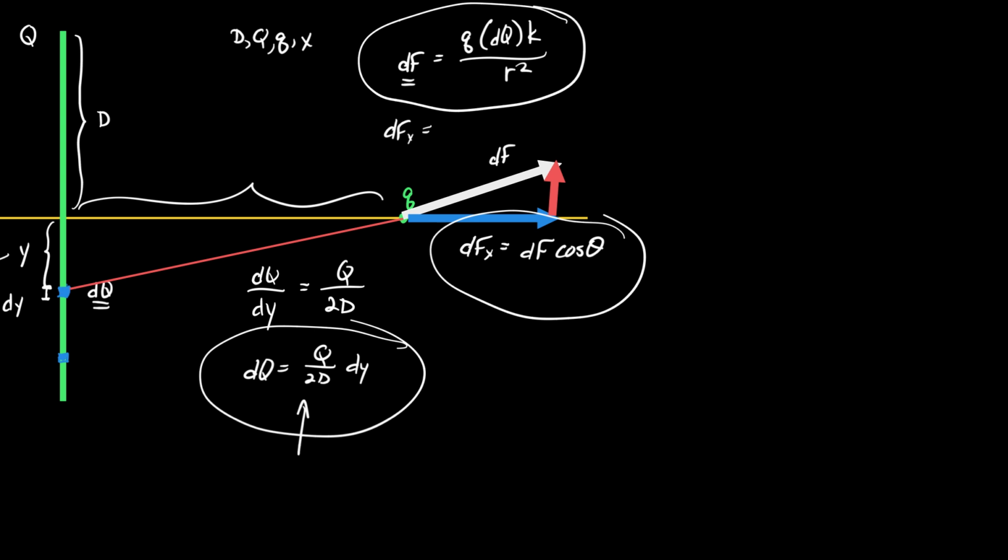I think my next job would be to find a way of expressing cosine theta in terms of something that has y in it. Because if I do, then I can replace cosine with something that's in terms of y, and I can replace dq with something that's in terms of y, and I am also very sure I can express r in terms of y. Right?